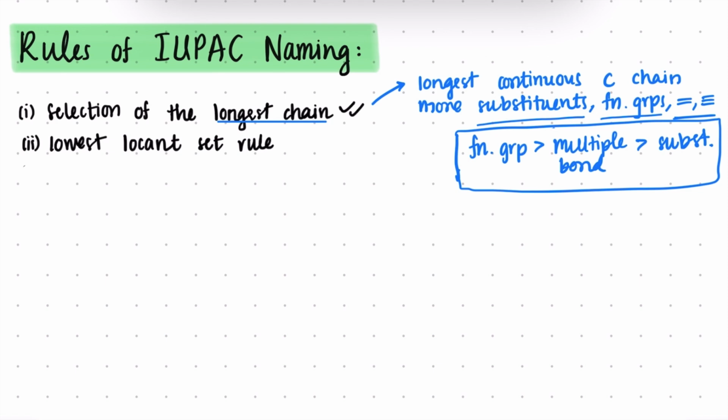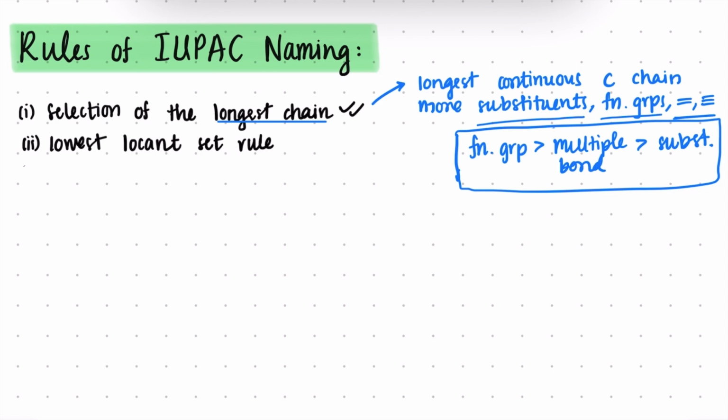Once we've found out what the longest chain is, the numbering of the carbons in that chain also matters, because based on the numbers, the position of our functional groups can be represented, so that other people can understand what we're talking about. So this is also very important. And we usually number the carbons in the parent chain so as to give the lowest possible locant. Also, the number that we give to that carbon is called a locant.